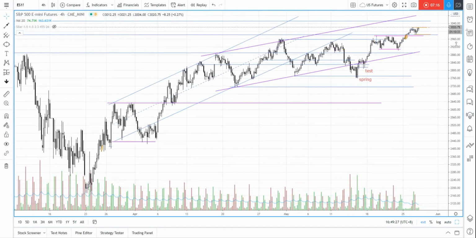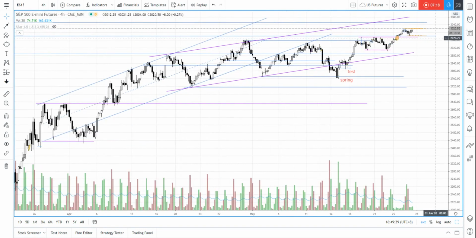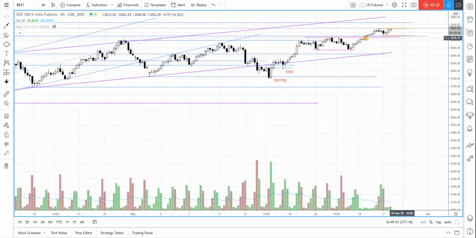The target that I'm hoping for is somewhere around here. The first resistance level is at 3050, and the second resistance is close to the channel overbought around 3080. So hopefully this run up can carry the momentum to the levels 3050 to 3080.